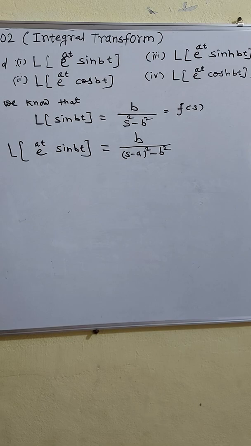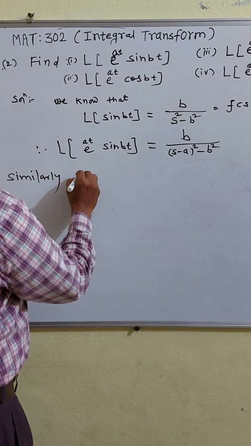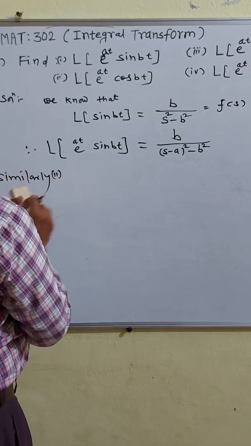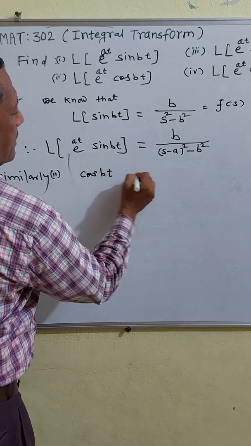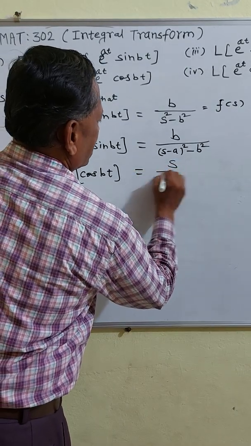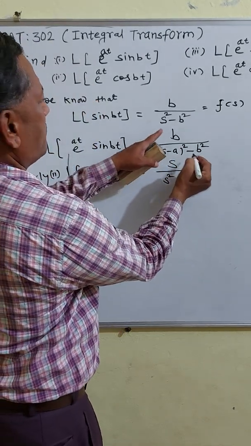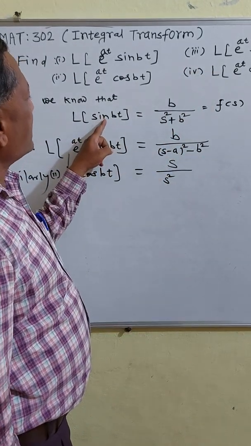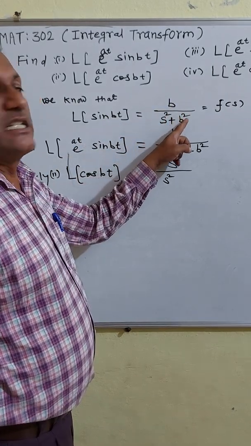Similarly, now you know the Laplace transform of cos bt is equal to s upon s square plus b square. If you take the hyperbolic function, then Laplace transform of sin hbt is equal to b upon s square minus b square.